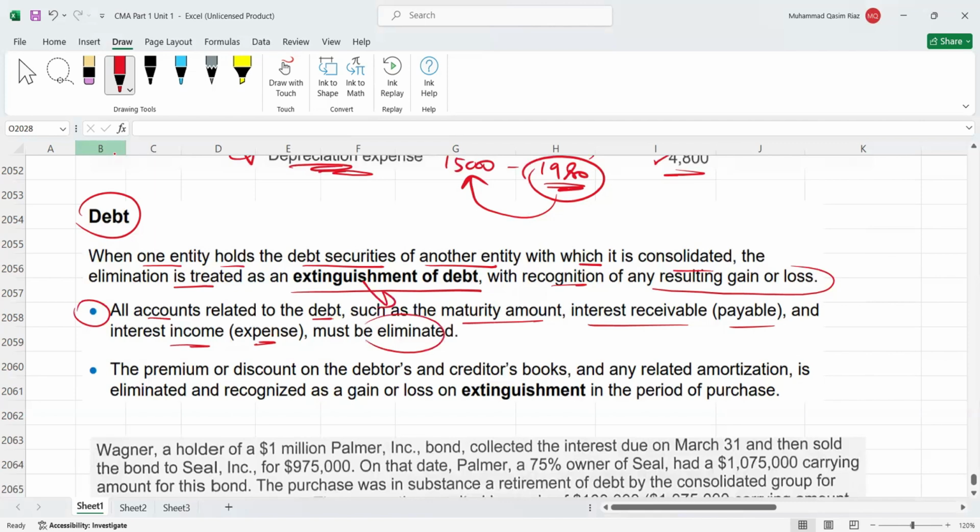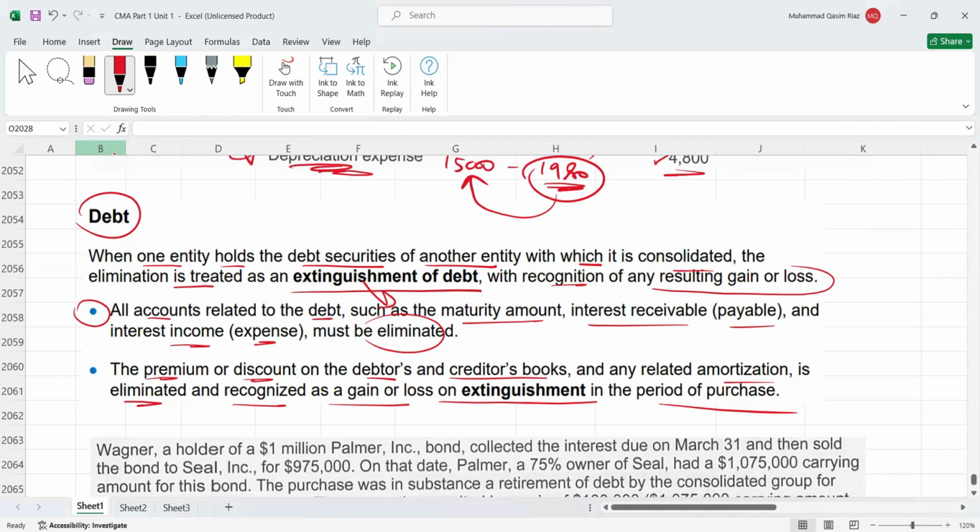Then if you have any related premium or discount on the debtors and creditors books, we studied the accounting for bonds, these things we discussed there. And any related amortization is also eliminated and recognized as a gain or loss on extinguishment in the period of purchase. So simply you have to remember: if you have any intra-company debt, the maturity amount, interest receivables, payables, everything is eliminated.